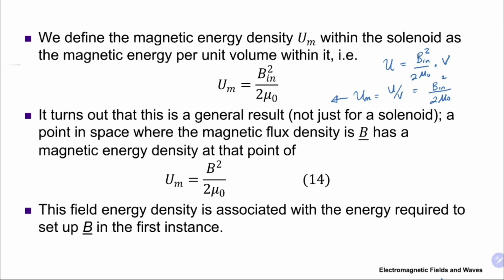Okay, so for any structure, you can work out the energy density by working out the magnetic flux density inside that stored components divided by 2 mu naught, and then if you multiply that by the volume, then you can find out how much magnetic energy can be stored in that particular structure.